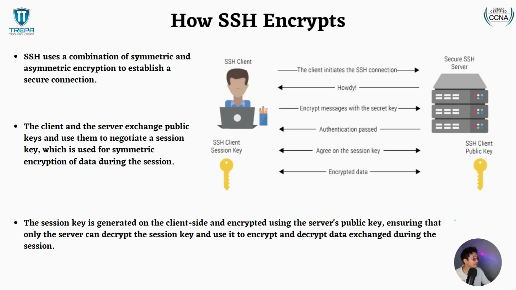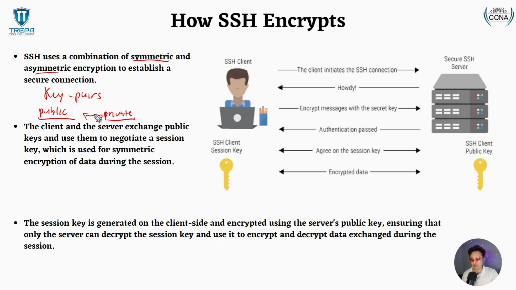All right, then how does SSH encrypt? SSH uses a combination of symmetric and asymmetric encryption to establish a secure connection. Just a quick note on the difference. Asymmetric encryption uses what we call key pairs, meaning it uses a public key that's available to anyone, really anyone globally who needs to use that public key, and a private key that should only be known to the owner of it.